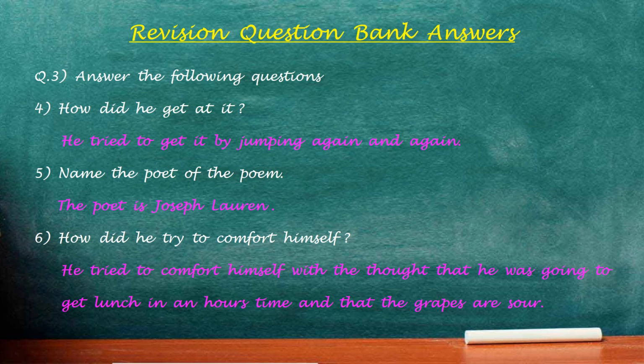Answer 4. How did he get at it? He tried to get it by jumping again and again. Answer 5. Name the poet of the poem. The poet is Joseph Lauren. Answer 6.